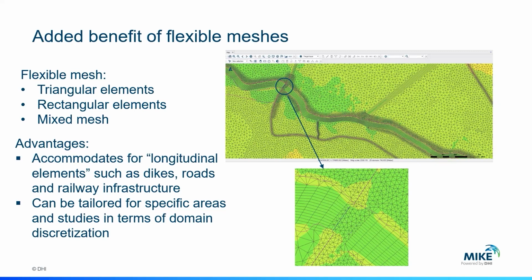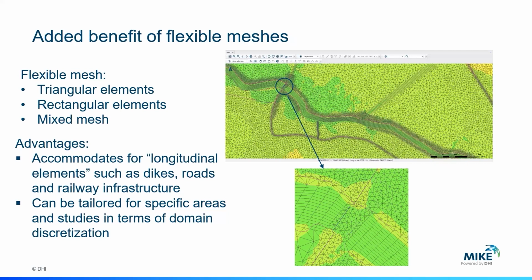So the flexible mesh allows for full flexibility, as the name suggests, and also it allows for different element sizes to be defined by the user, depending on their need for accuracy and discretization in different areas of the domain. The two images that I presented on this slide are from a real project where the purpose was to identify the flood-prone areas and check the inundated areas caused by different synthetic flow hydrographs. And we chose to represent the channel as a full rectangular mesh.